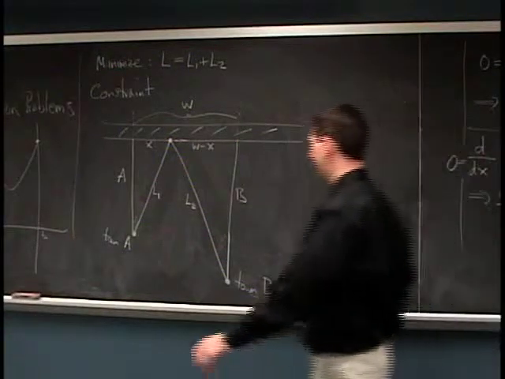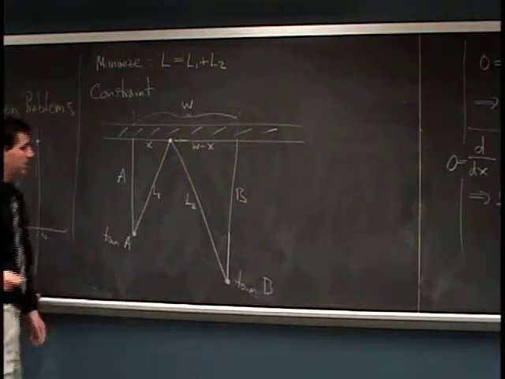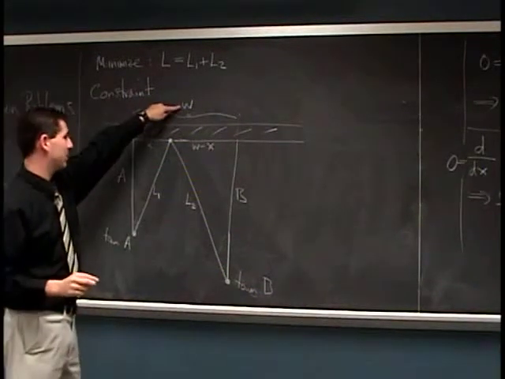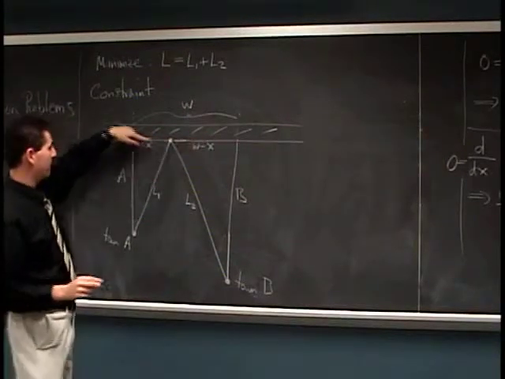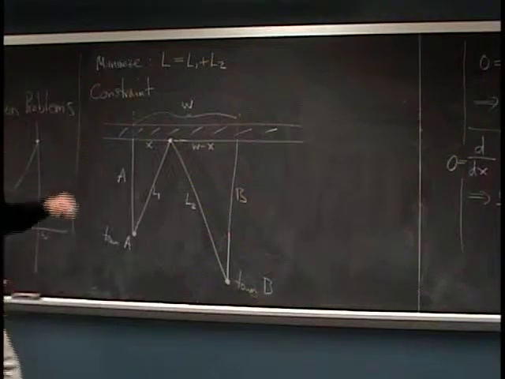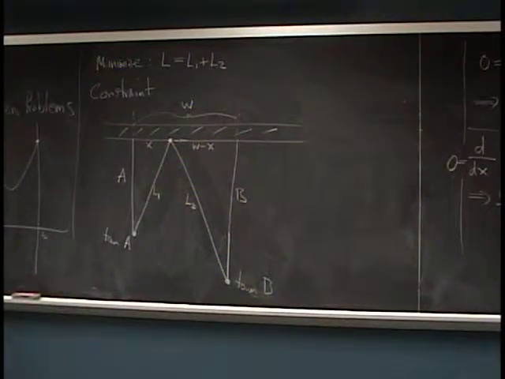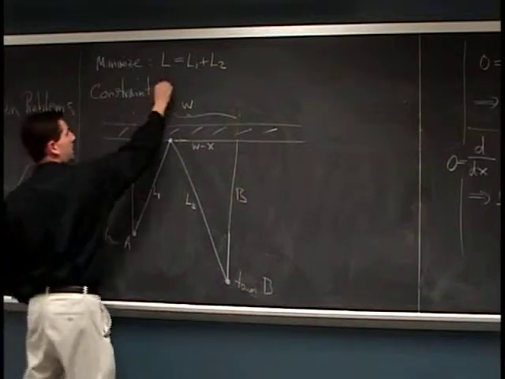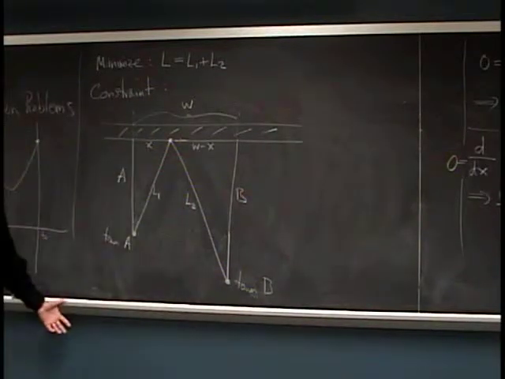Certainly this W is a constraint. We can't change these distances. Let's write down what we know we can't change. Sometimes it's easy to figure out what my constraint is.